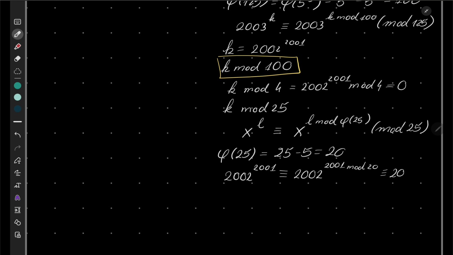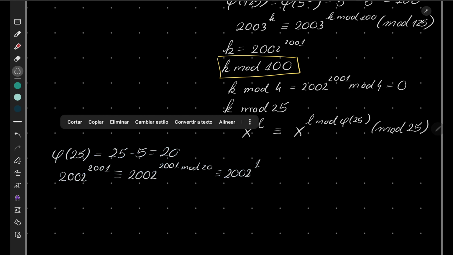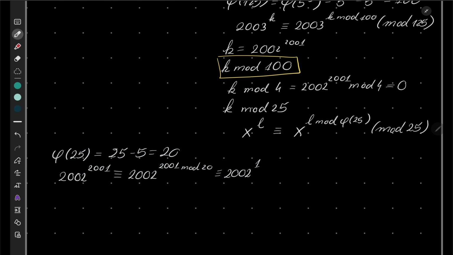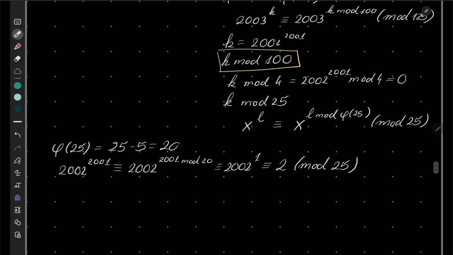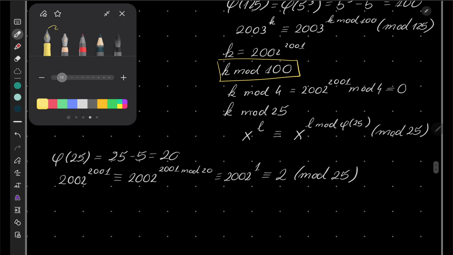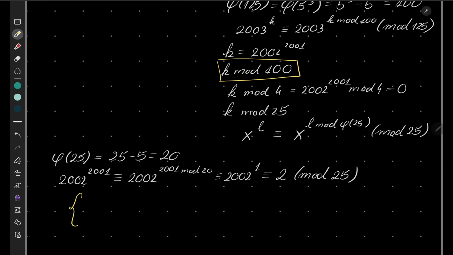It's just 1. And what is 2002? It's congruent to 2 modulo 25. So we established that k modulo 4 is 0 and k modulo 25 is 2.